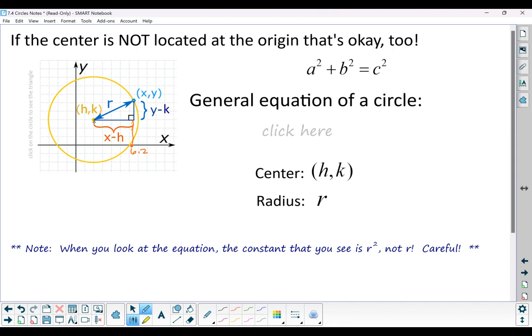And I can see here that my center is located at an x value of 2. When we're thinking about this right triangle in the circle, we want to know what is the length of that leg of that right triangle. And it's the distance between the x value and the x value of the center. So the difference between the x value on the edge of the circle and the x value at the center.